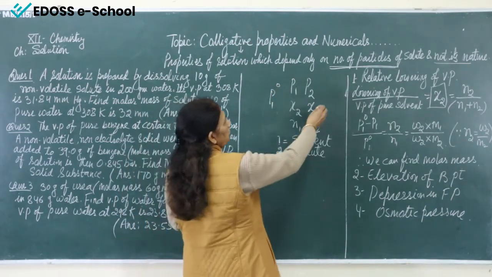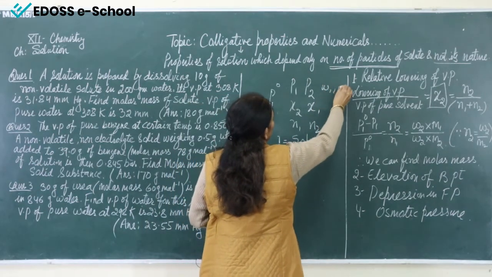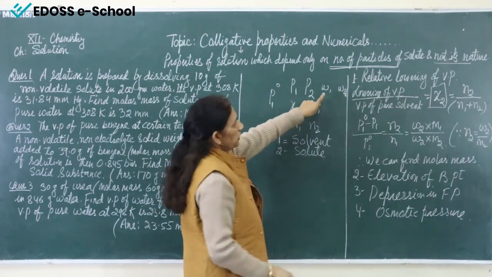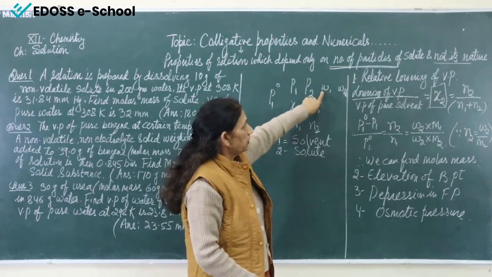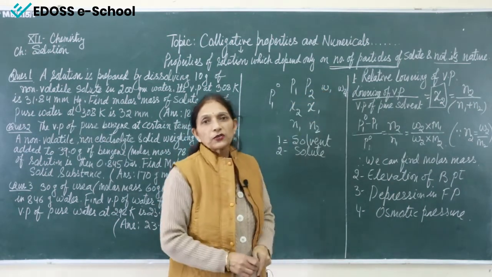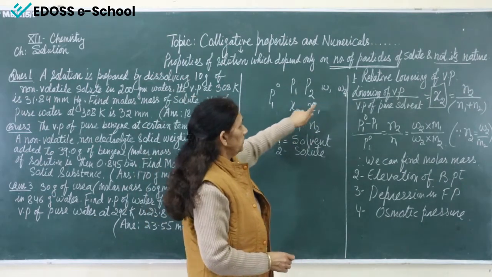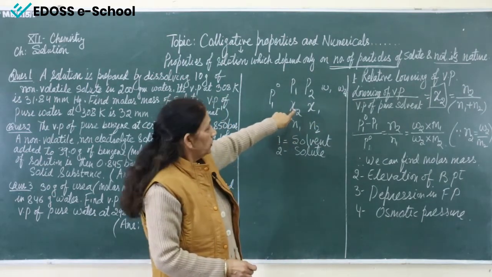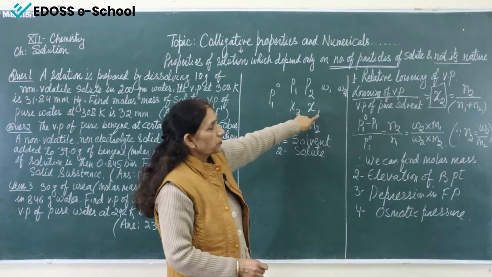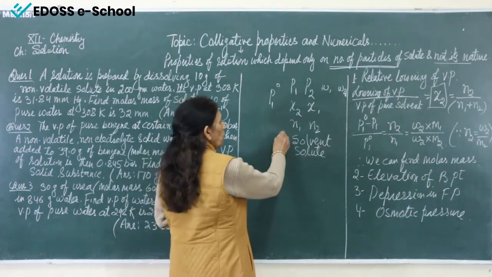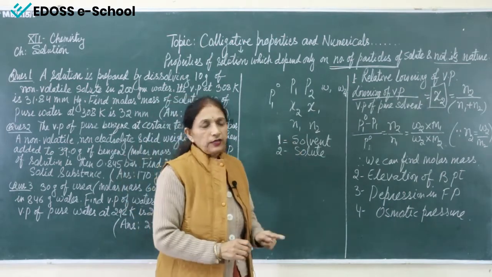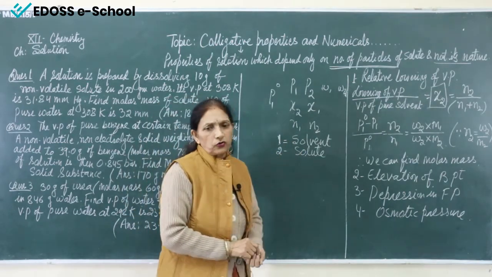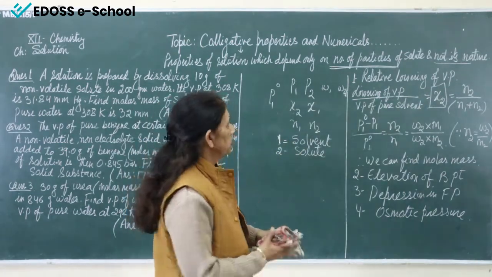Similarly, W1 means the mass of solvent, W2 means the mass of solute, and likewise mole fraction of solute and mole fraction of solvent. So remember, number 1 indicates solvent and number 2 indicates solute, because students get confused.